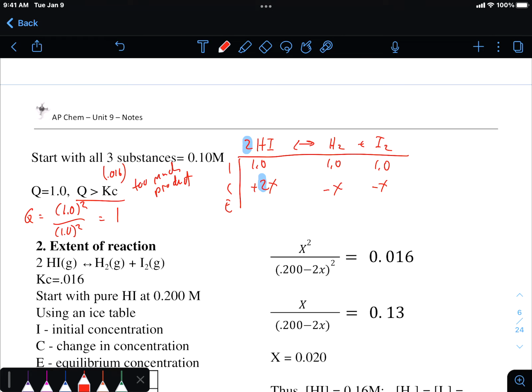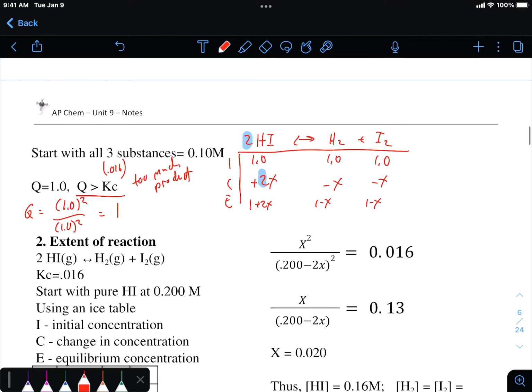All right, and you know what? Actually, since we're here, let's just finish the problem. On a problem like this, the purpose would be to find what the concentrations at equilibrium are. Since Kc is known, Kc would be the concentration of H2 times the concentration of I2 over the concentration of HI squared.